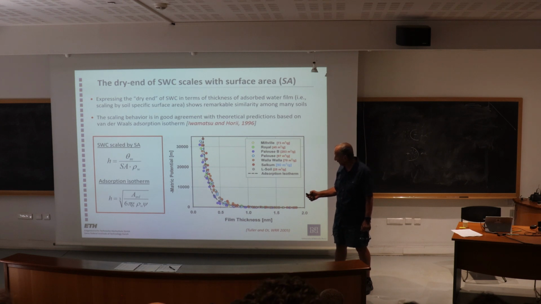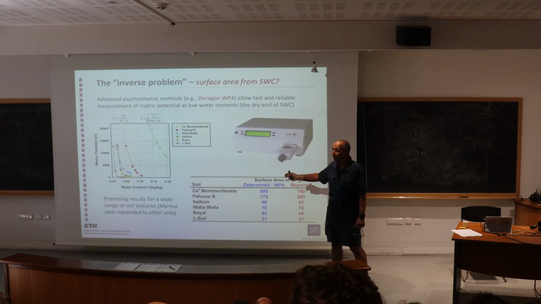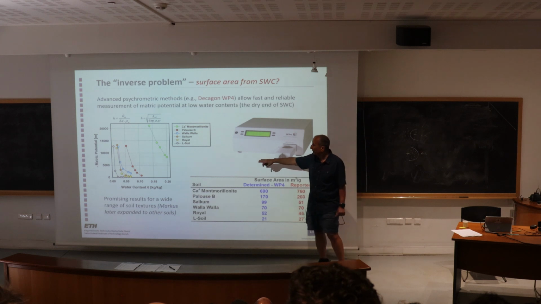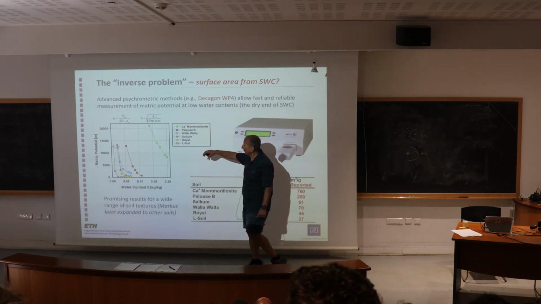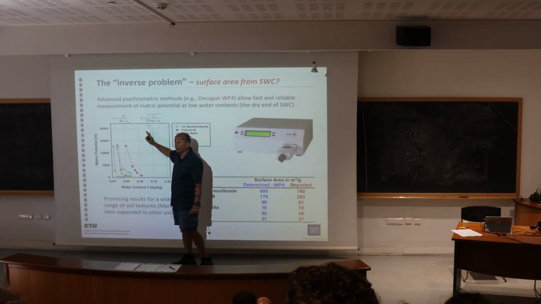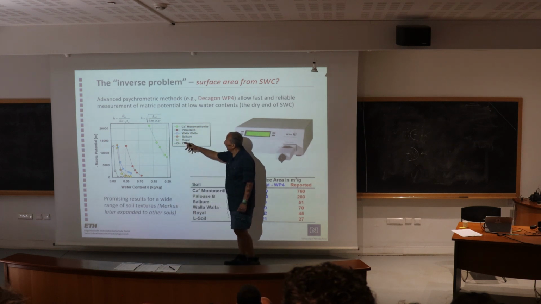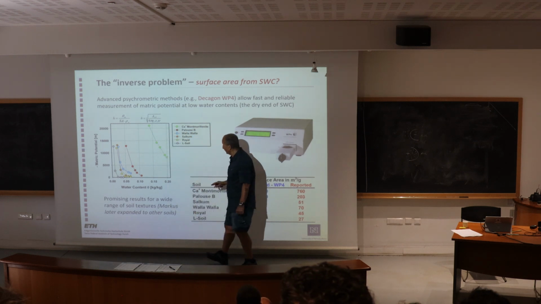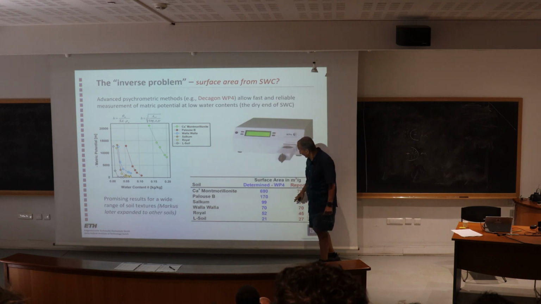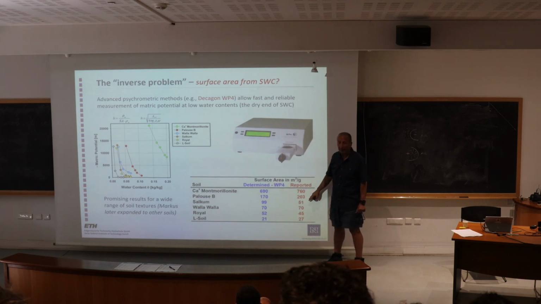And so you can take it a step further, measure the matric potential and water content for different soils at the dry end, and calculate based on this equation what the surface area should be. And you can see that for a simple measurement like done with this WP4, just taking a sample and sticking it in and getting a measurement, the estimates are not too bad.